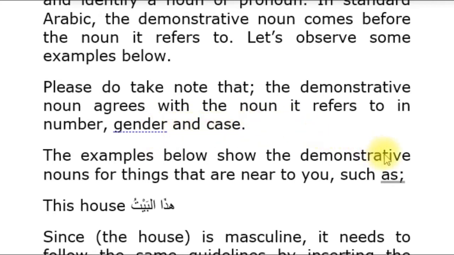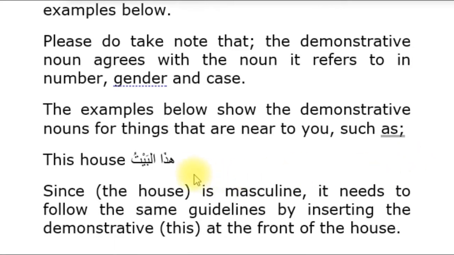The examples below show the demonstrative nouns for things that are new to you, such as هذا البيت, this house. البيت is masculine, so we need to put a demonstrative for masculine, هذا.